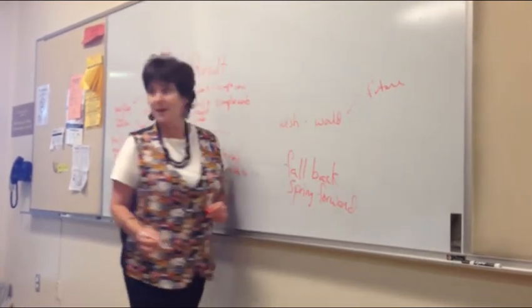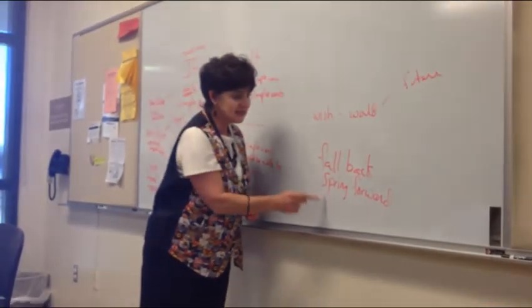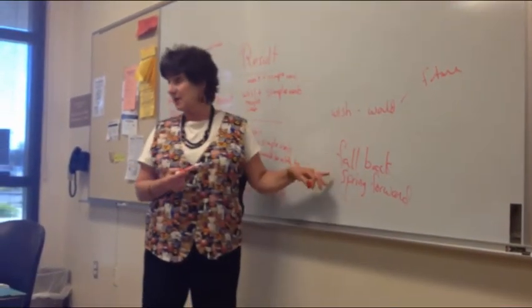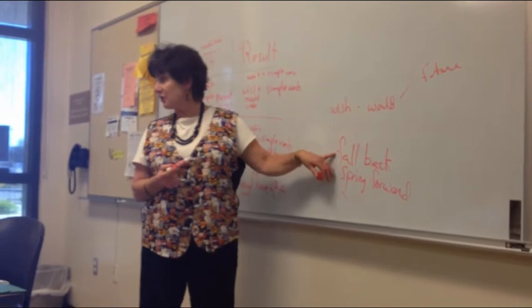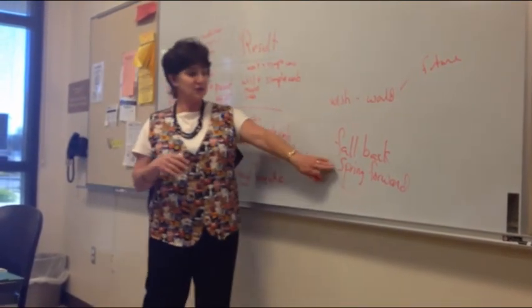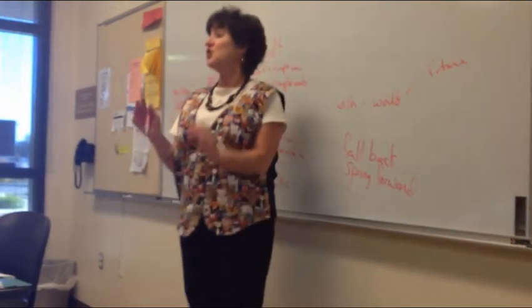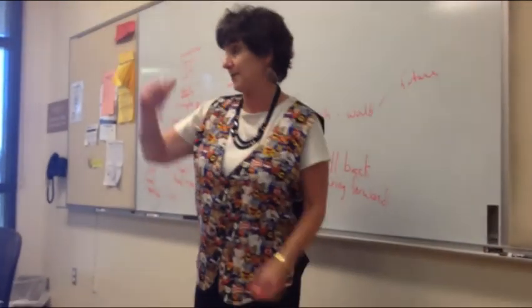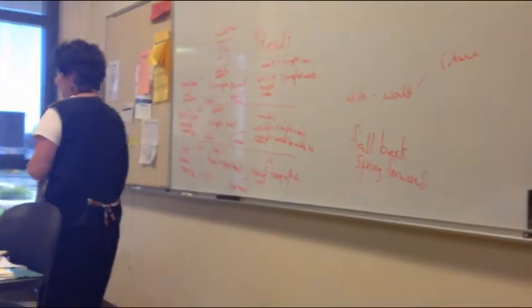So this is the way people remember it, because these are the names of the seasons when it happens, but these are also verbs, right? So if you fall back, and if you spring forward, you jump. Spring is to jump. So it's the way we remember. You fall back and spring forward.